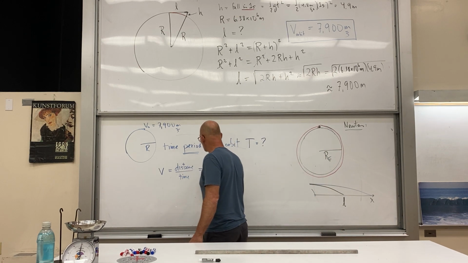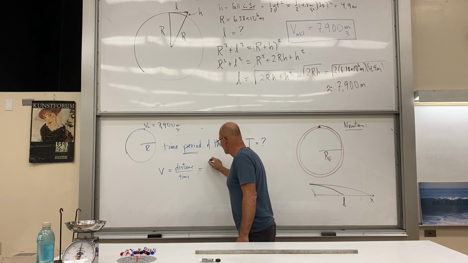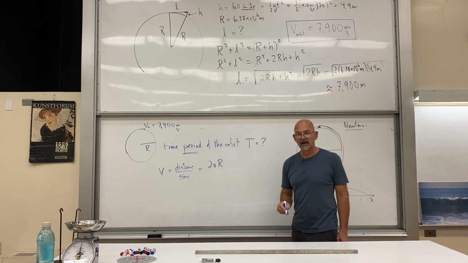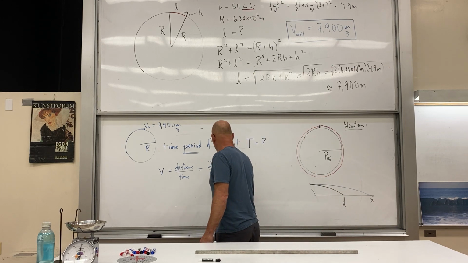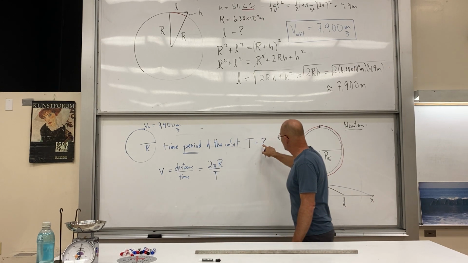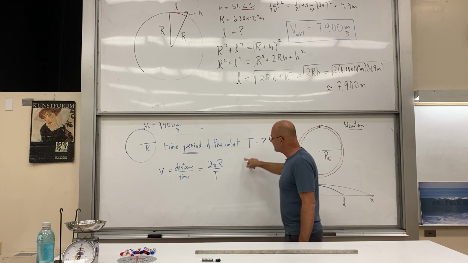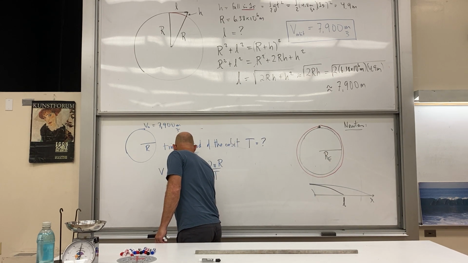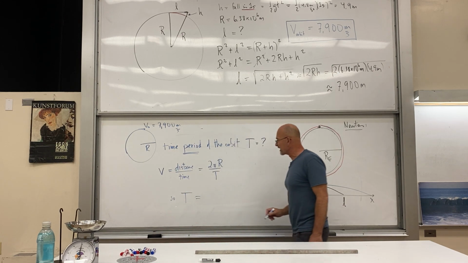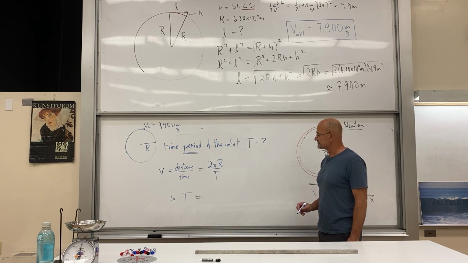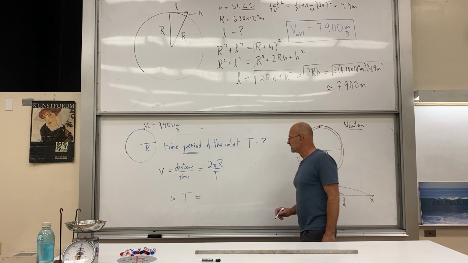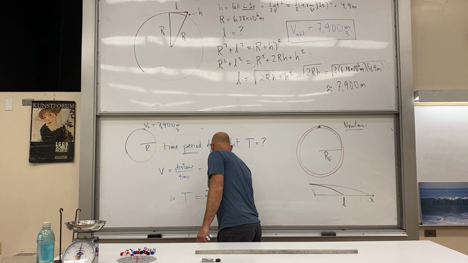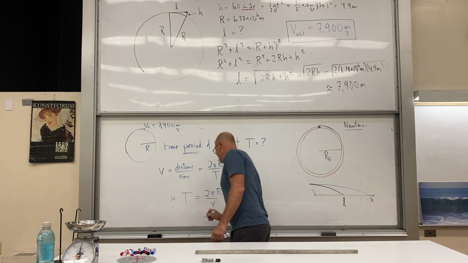Now the distance to go around the Earth once is the circumference of the Earth, 2 pi radius, and the time I just defined as T. So we will solve for this with one or two algebraic steps, and what we find is T equals 2 pi r divided by v.